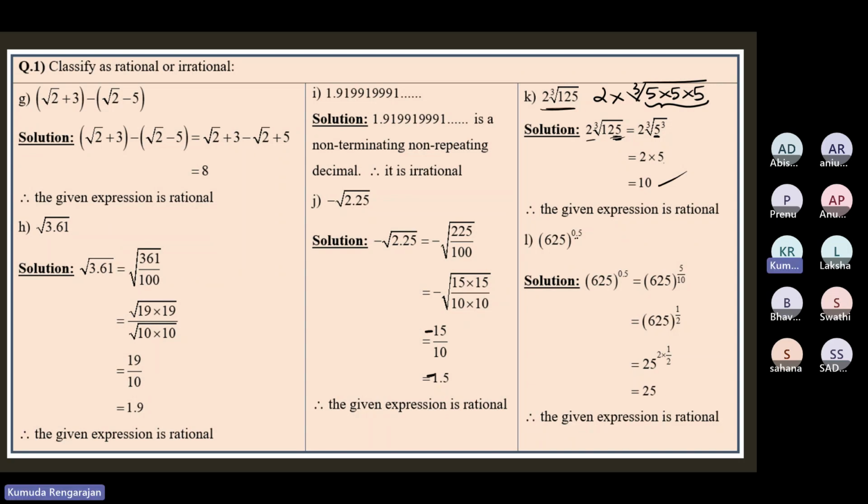And here also 0.5 should be written as 5 by 10, and 5 by 10 is 1 by 2. 625 can be written as 25 square, so 2 and 2 will get cancelled. 25. So the expression is rational.